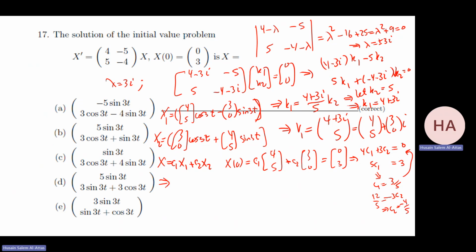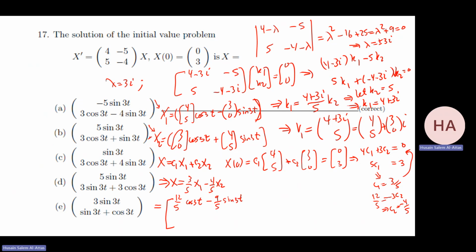Okay, so my x, what is c1? 3 over 5 x1 minus 4 over 5 x2. And that equals what? Multiply 3 over 5 by x1 and minus 4 over 5 by x2. Let me do it. 3 over 5 gives 12 over 5 cosine 3t minus 9 over 5 sine 3t.